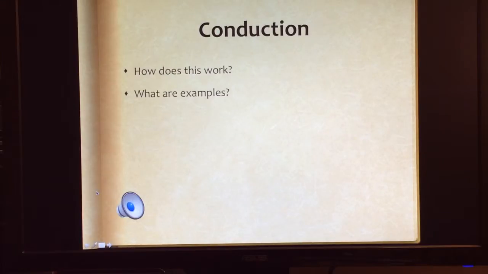Okay, so our second question for conduction is how does this work? And I'm going to combine the question, how does this work, with the question, what are examples, because I'm going to use an example to describe how it works. So, on the molecular level, what's happening is when heat is applied to something, so my example is going to be a frying pan.